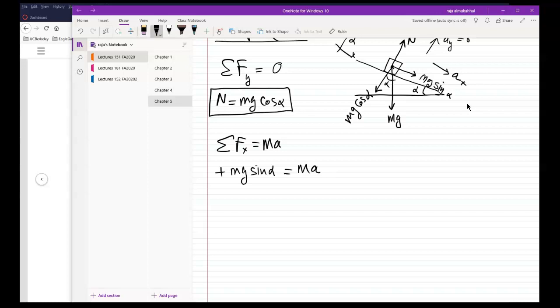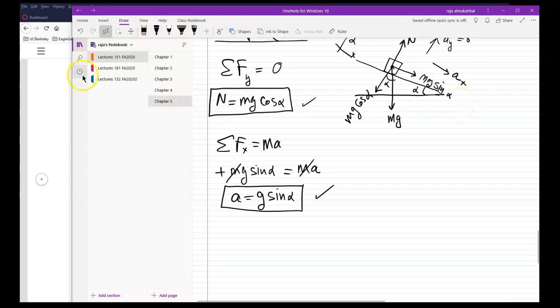The masses cancel out, and so the acceleration is equal to g sine alpha. In other words, if he gives me the alpha, I can tell you what the acceleration is. I already know what g is, 9.8, so I can find it. And that's really what he wanted, isn't it? He said, what is the acceleration and the normal? There it is right there.